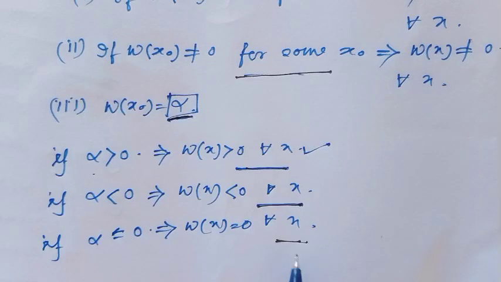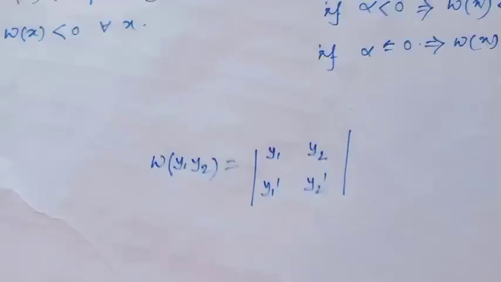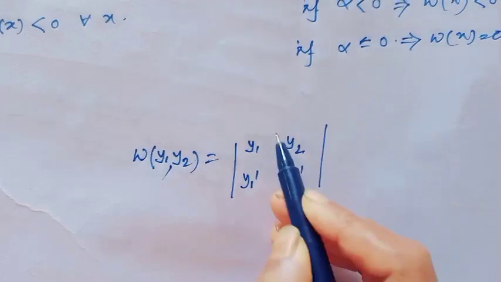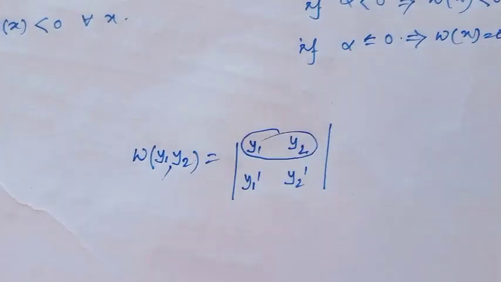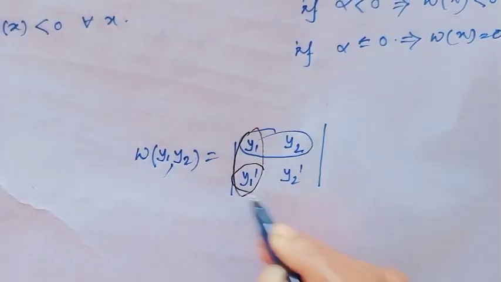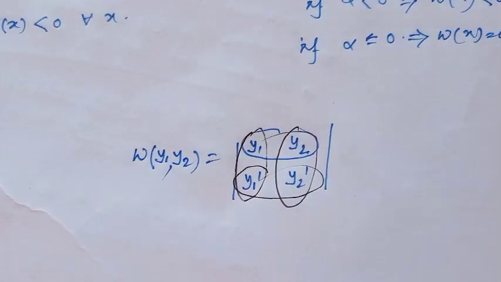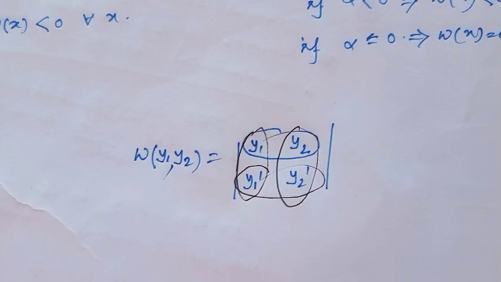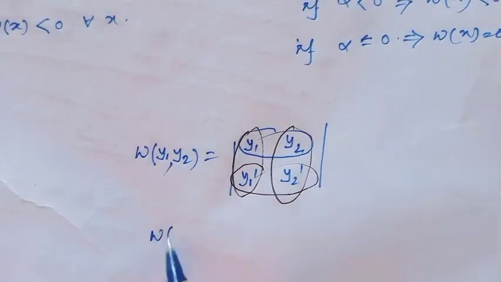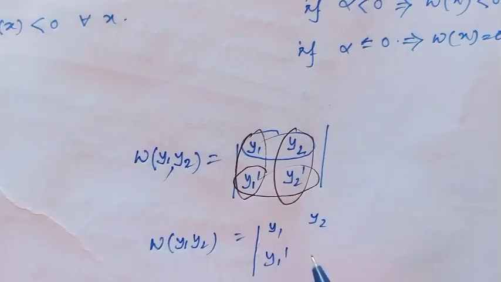And this property and the property of the Wronskian are actually the same. Wronskian of y1 comma y2 equal to 0 means either the first row equal to 0, or the first column equal to 0, or the second row equal to 0, or the second column equal to 0. If none of them happen, then obviously the Wronskian of y1 comma y2 is not 0. The Wronskian of y1, y2 is the determinant with rows y1, y2 and y1 prime, y2 prime.